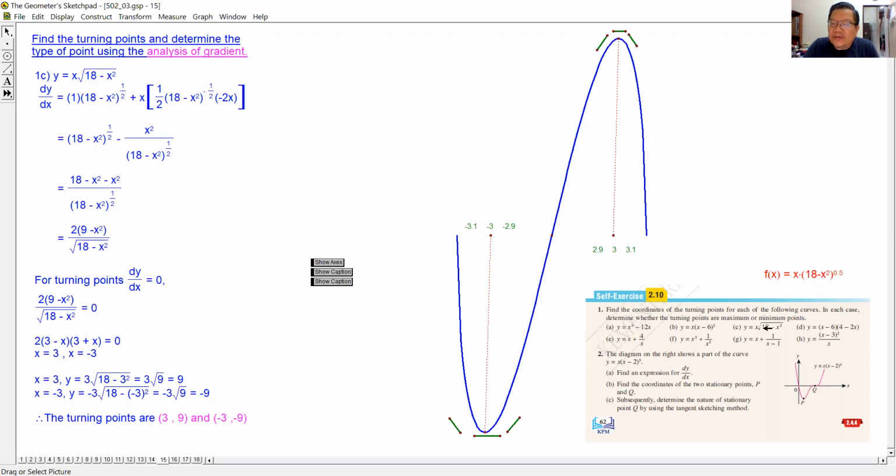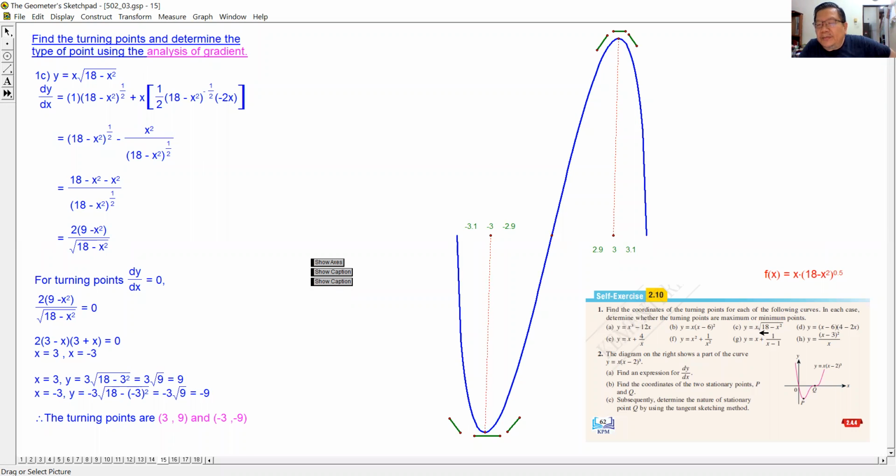This one, you look at C. You cannot differentiate C like a simple polynomial. You have to use the product rule. Not only the product rule, but there's a square root here, so you have to use the composite function or chain rule.